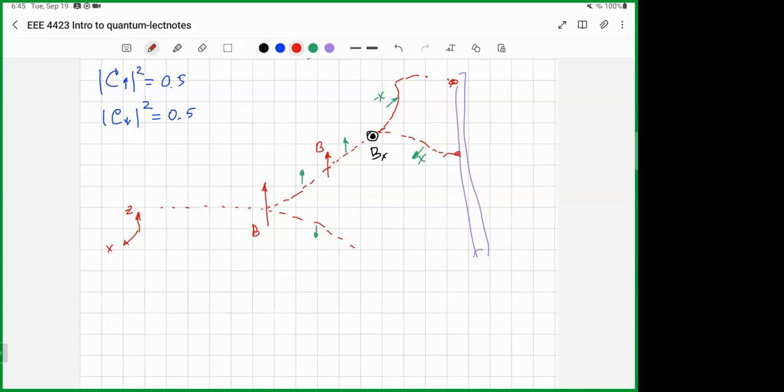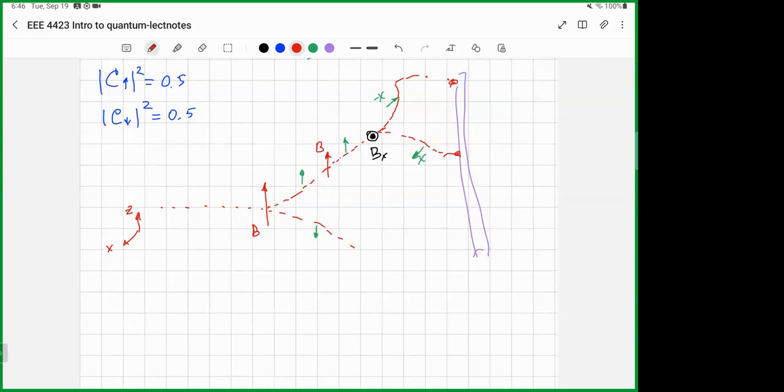Okay, so it needs some time to understand how all this works. The key point here, I think, is that the spin is a state with two orientations, up and down.